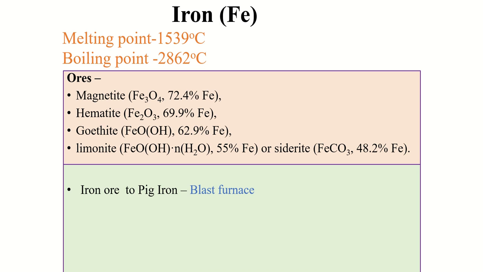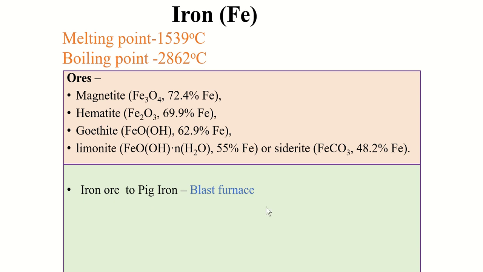Pig iron is produced by using the carbothermic process, in which Fe2O3 is reduced by using carbon.